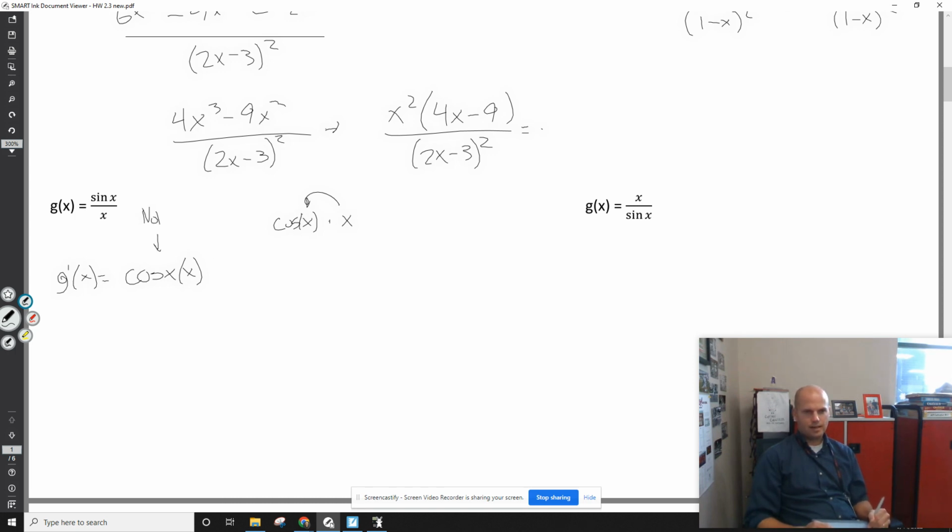I'm going to write not cos x squared, minus the derivative of the bottom times the top, all over the bottom squared. I cannot simplify this at all. I cannot cross off an x here. We would need an x in both locations. We don't have it. We have to factor out an x, make a product. If anything, we can just rewrite it to make it look nicer. But there's no simplification that can be done here.